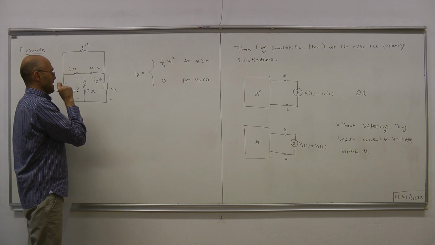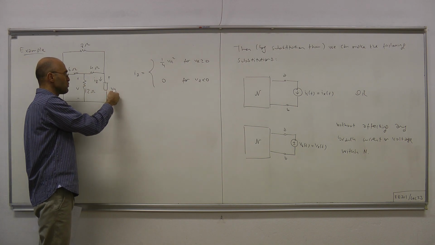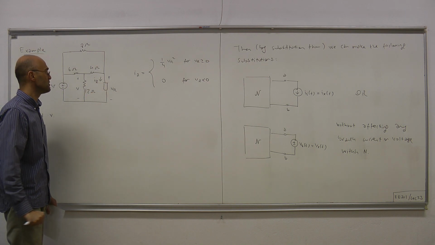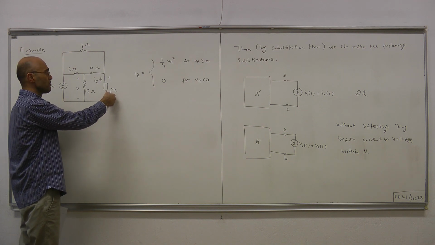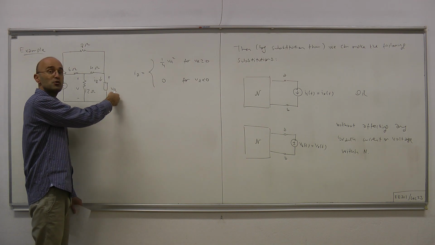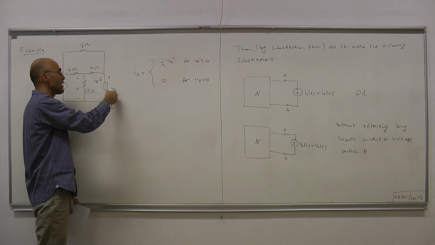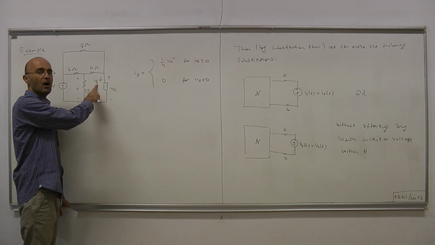At that point we will have known this voltage or that current, and what can be done is the following. Just replace this with a voltage source that provides the operating point voltage, or replace this by a current source that provides the operating point current.